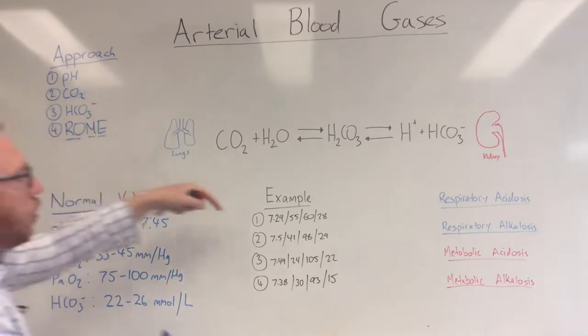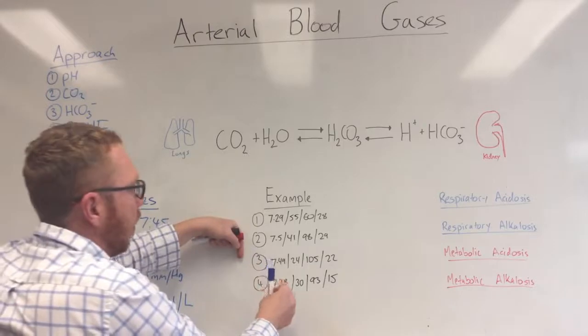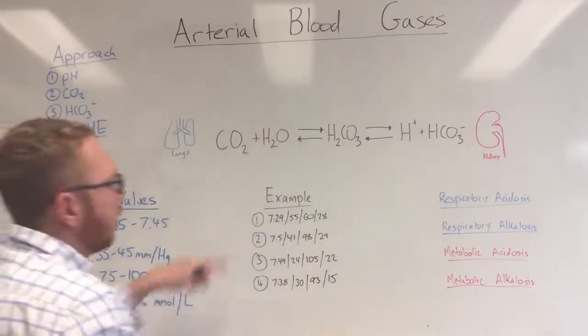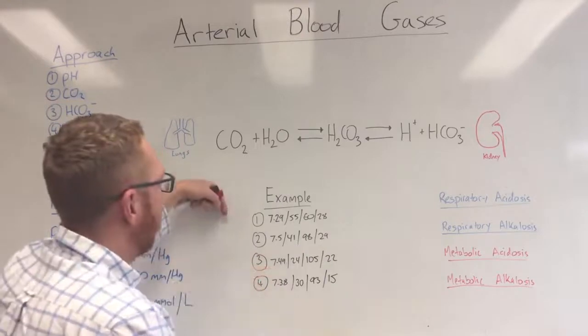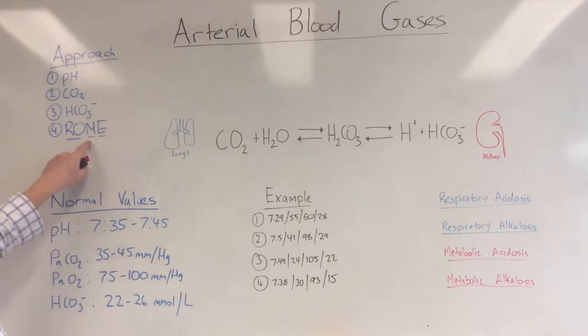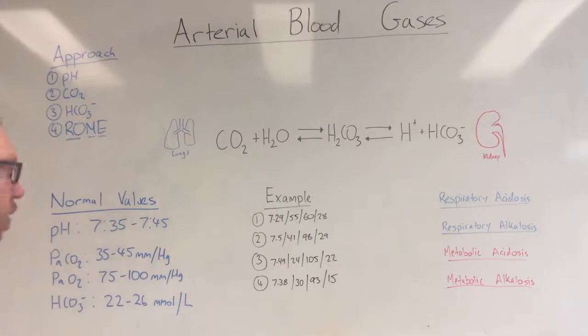So if the pH goes down, if it's a respiratory problem, the CO2 will go up. That's why it's called respiratory opposite. Whereas if it's a metabolic issue, if the pH goes down, the bicarbonate will go down, which is why it's metabolic equal. So, if you're still not sure, let's do an example and we'll make sense.